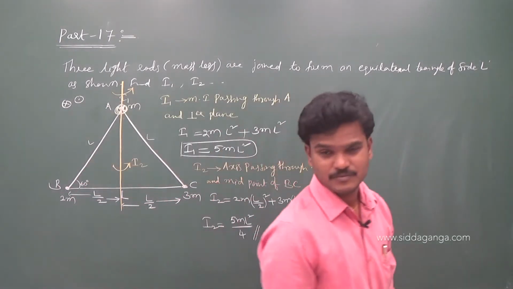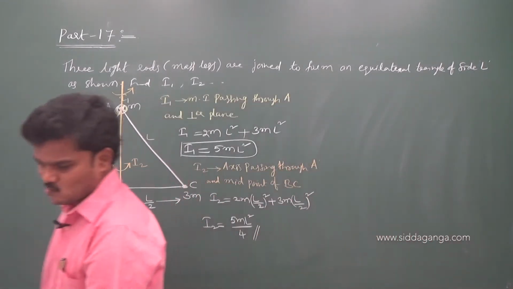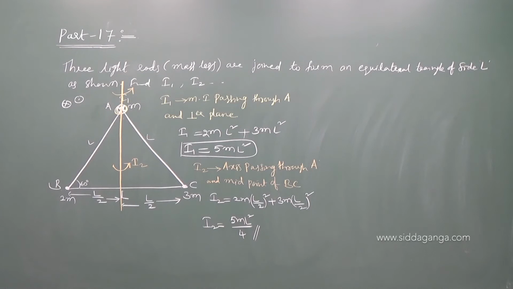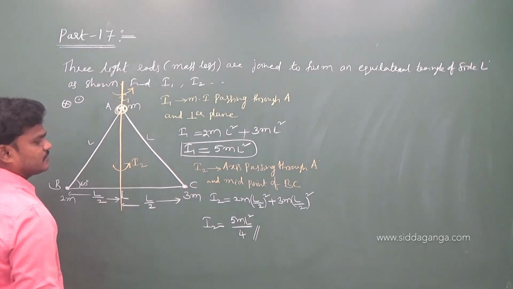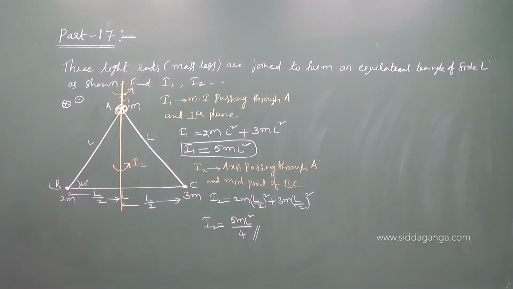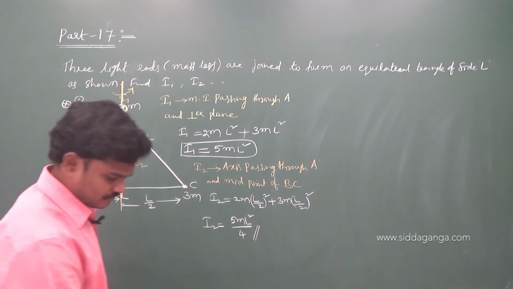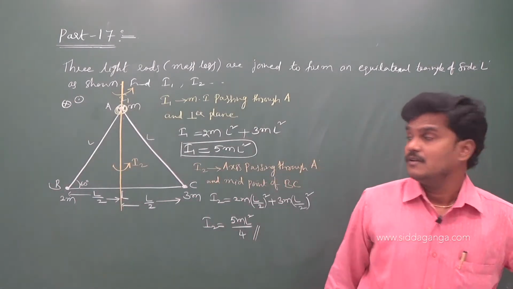Okay. About this point it is 2m into L square by 4, so we get 5m L square by 4. Let me find another one. See the other one. So they gave I1, I2.